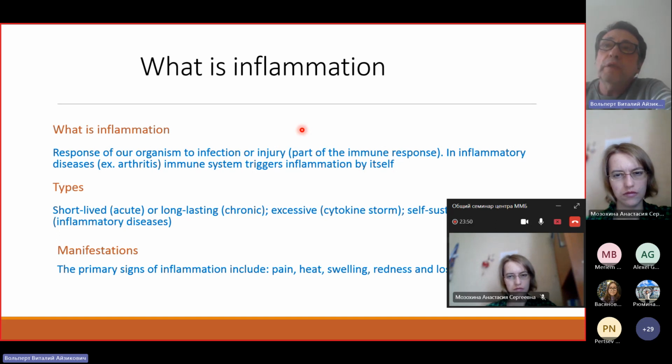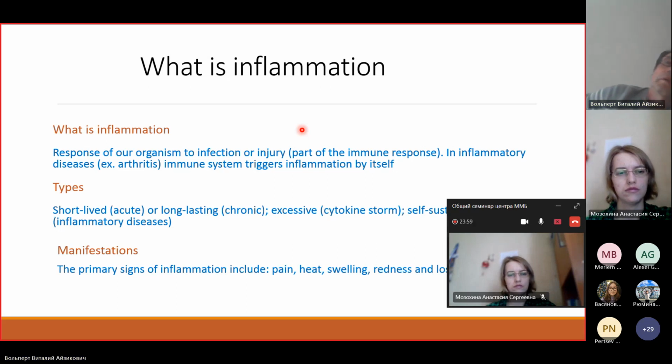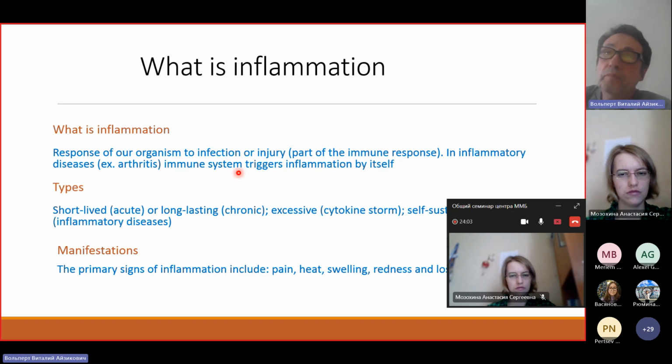But there are also some other situations and inflammatory diseases which are not related to injury or infection. It can be autoimmune diseases and some other diseases. We will shortly discuss them.